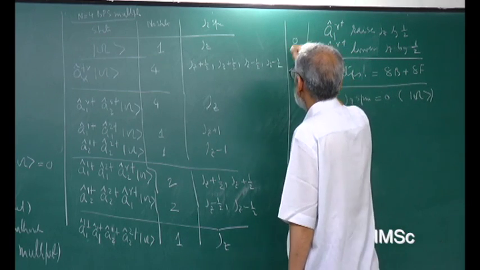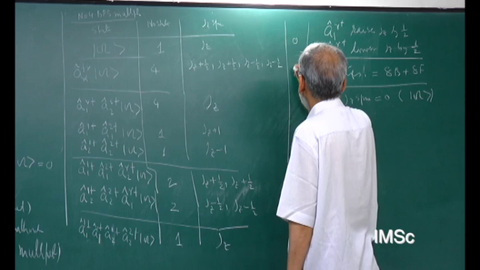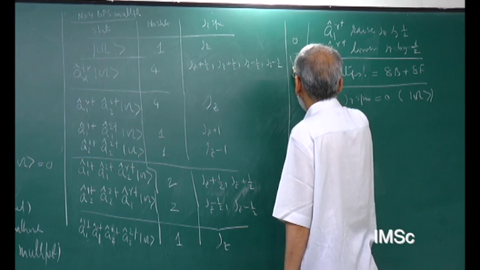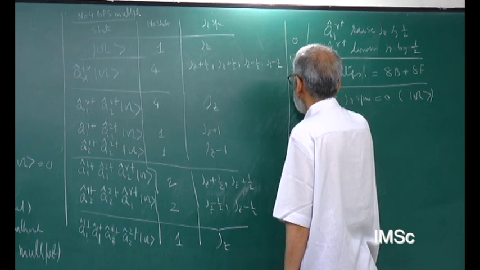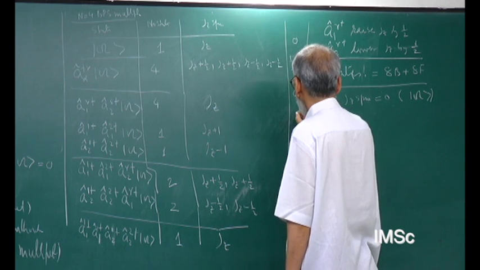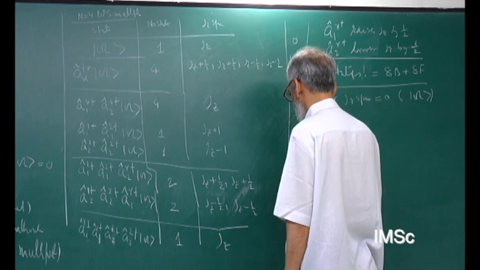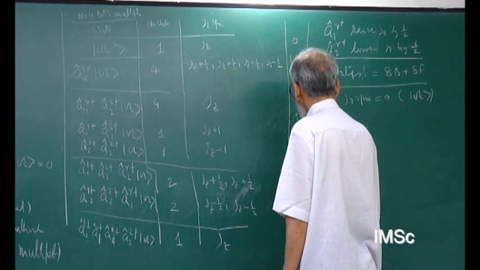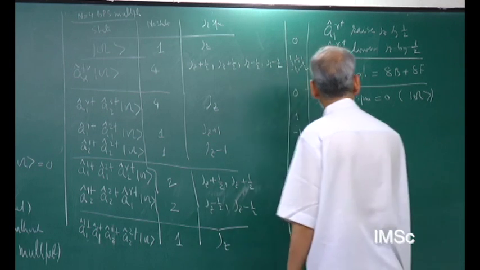JZ equal to 0. Here, what do I have? I have half, half, minus half, minus half, 0, 1, minus 1, half, half, minus half, minus half, 0.